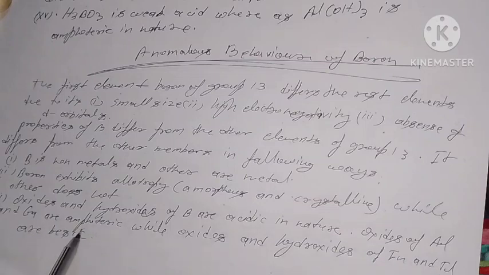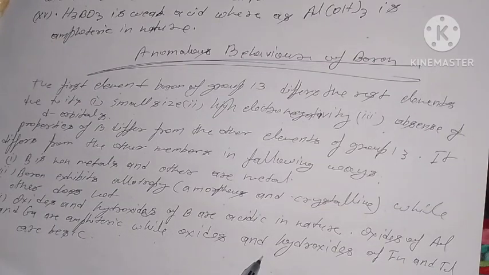Oxides of aluminium and gallium are amphoteric, while oxides and hydroxides of indium and thallium are basic.